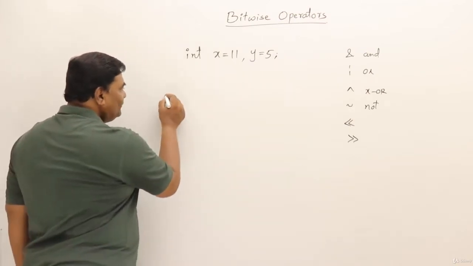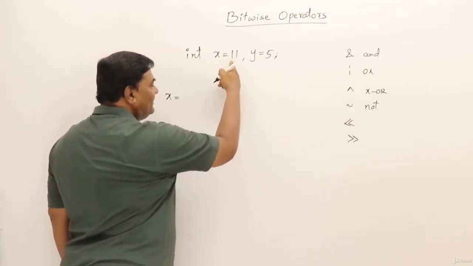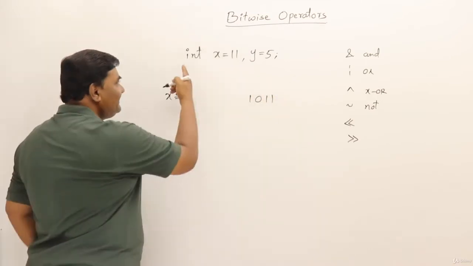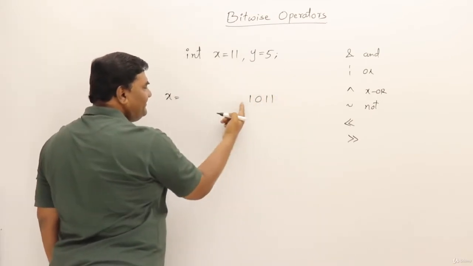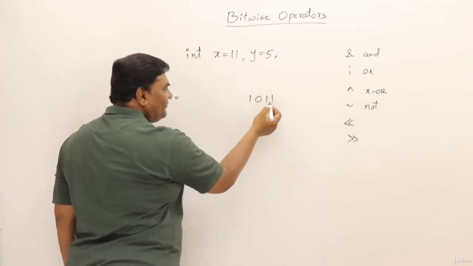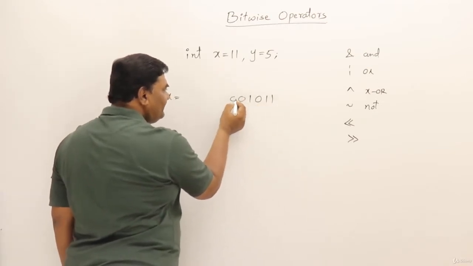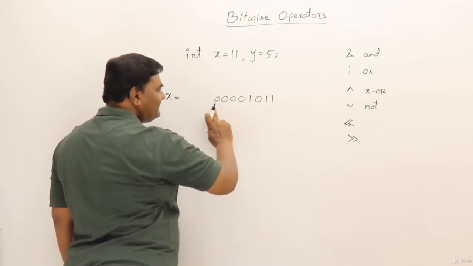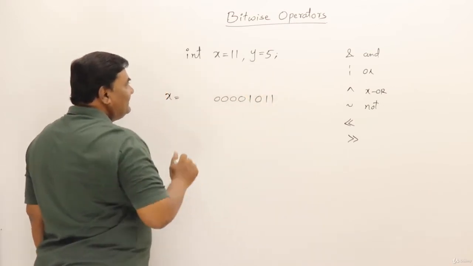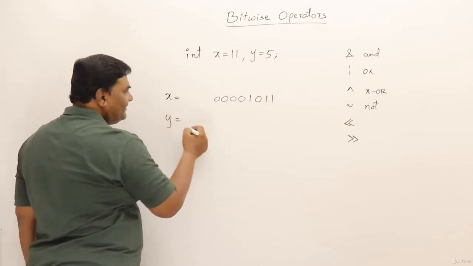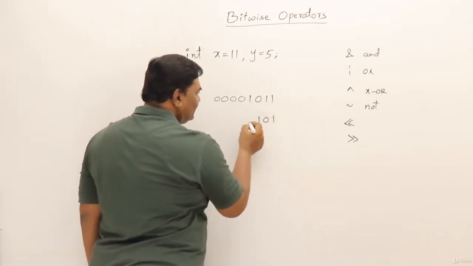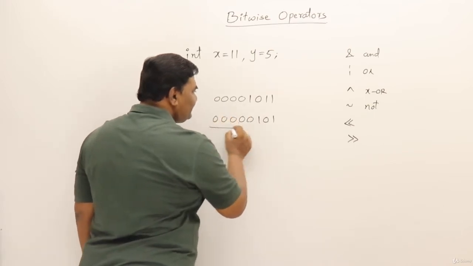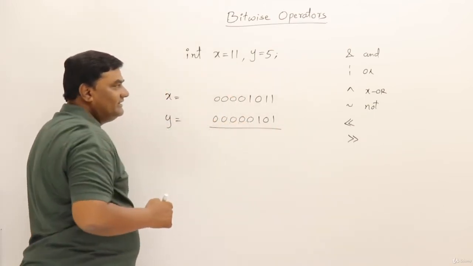So what will be the value of x in binary form? 11 means 1011. If I say an integer takes 2 bytes, then it will be a total of 16 bits. So 4 bits are there, and the remaining bits will all be 0. But I will not write all 16 bits, I'll just write 8 bits here. In the same way, y value 5 is 101, and the remaining bits are all zeros. So let us understand this with 8 bits only.